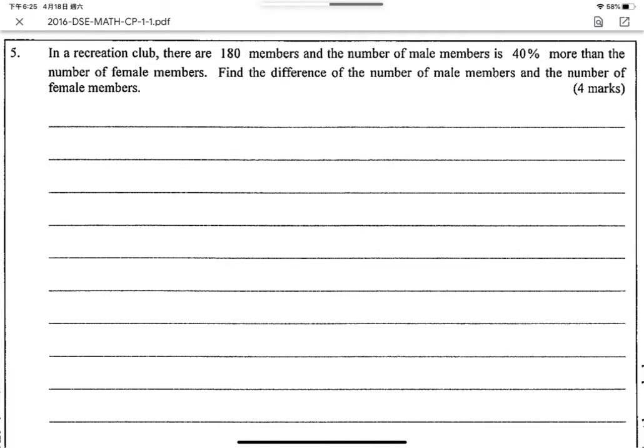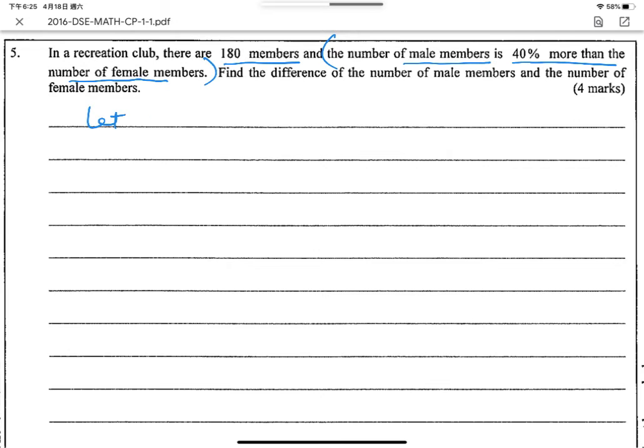So here in a recreation club, there are 180 members, and the numbers of male members is 40% more than that of numbers of female members. So how to understand this sentence first? The numbers of male members is 40% more than the numbers of female members.